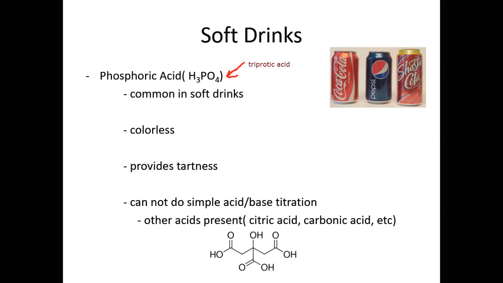Pretty much any soft drink you can look at, with the exception of maybe Sprite and 7-Up, those colorless soft drinks, typically contain it, like Coca-Cola, Pepsi, Sam's Cola, HEB Cola. They have phosphoric acid. Now, one interesting thing about phosphoric acid is that it's colorless.